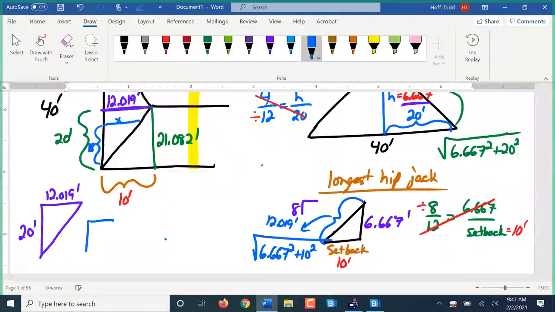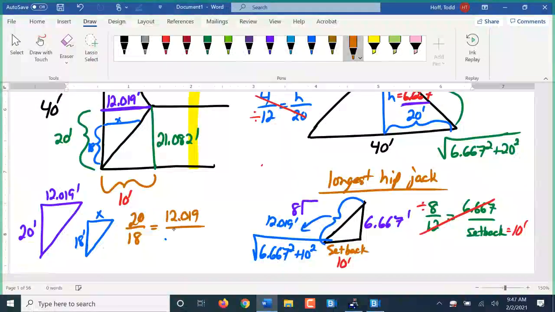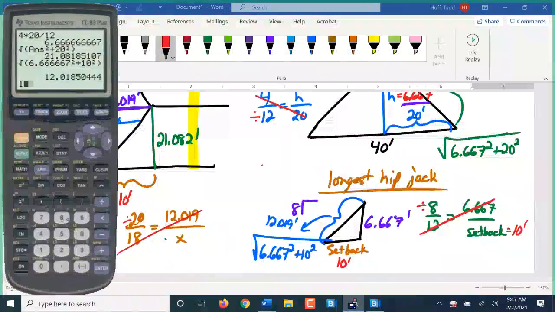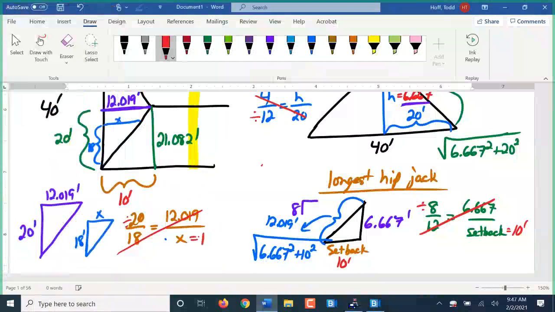We're comparing that to 18 feet and X feet. 20 to 18 is the same as 12.019 to X. Cross multiply and divide. 18 times 12.019 divided by 20 gives us 10.817 feet for that next jack. So this is 10.817 here.